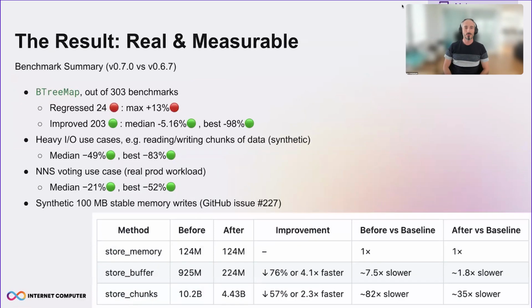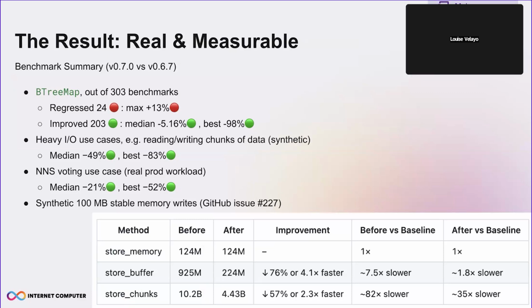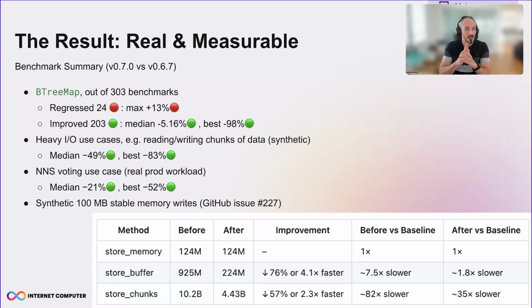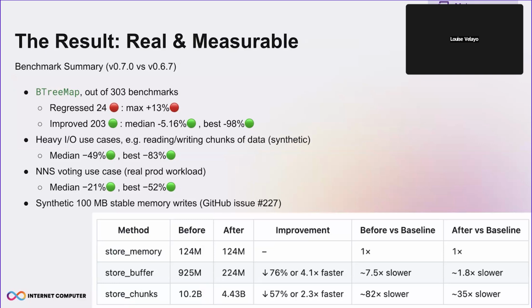As I said, this newly improved benchmarking tool, CanBench, also allowed us to see real and measurable impact. And you can see by the number of green colors, it's mostly improvements. So I have a few examples. For example, the BTreeMap structure has about 300 benchmarks, and only 24 of them regressed, just a little bit, just 13%.